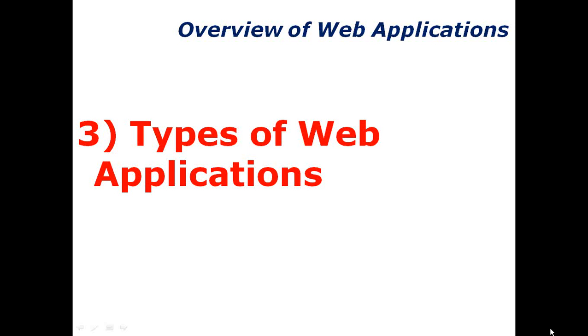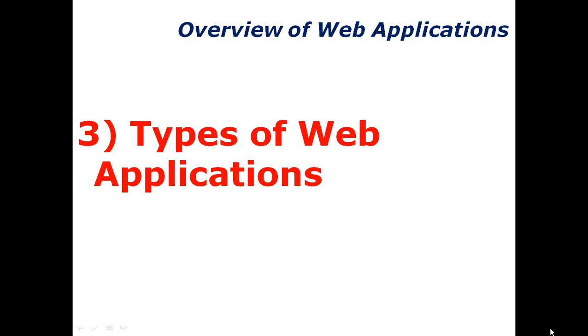Once again, observe types of web applications. I explained two different classifications. First one, types of web applications by usage. One is intranet web applications. Second one is internet web applications.